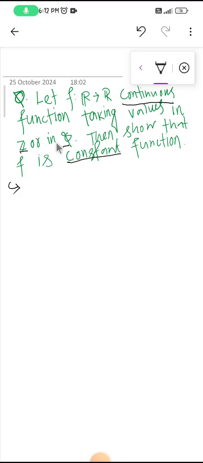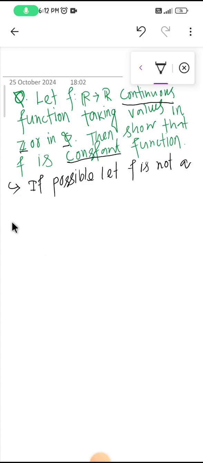Firstly we assume, if possible, let f be not a constant function. So f is a non-constant function.